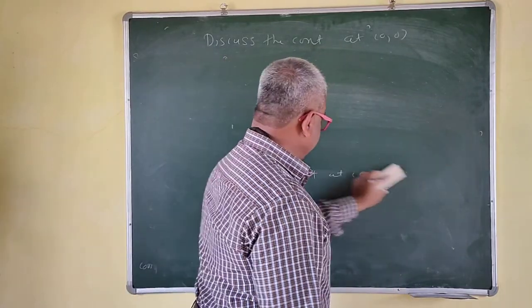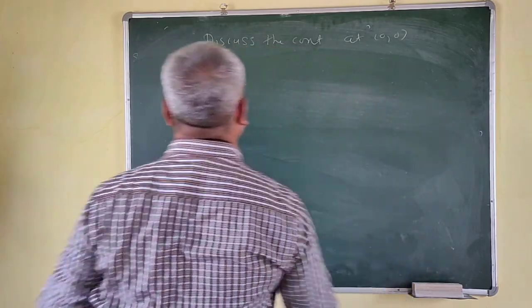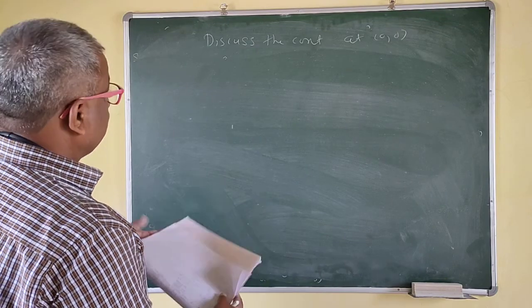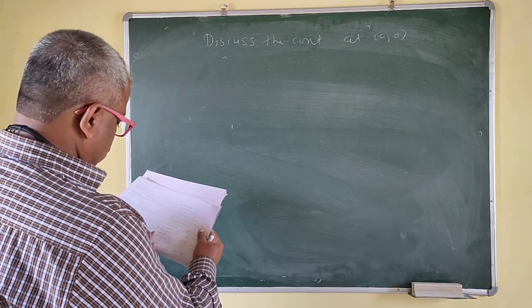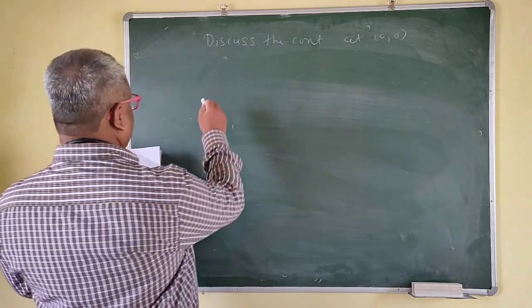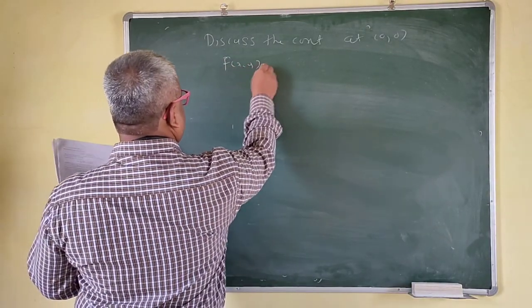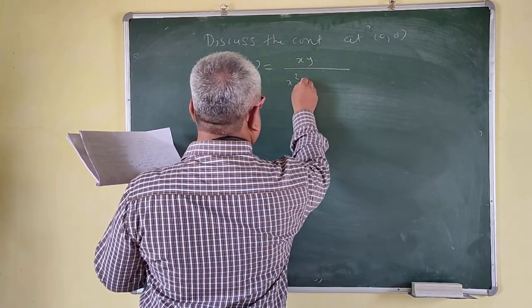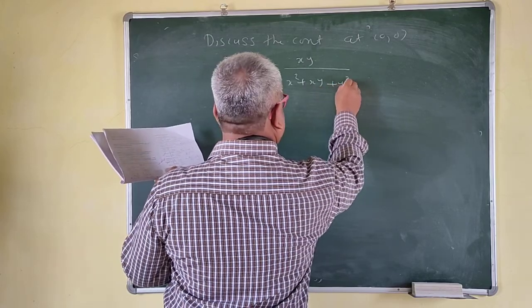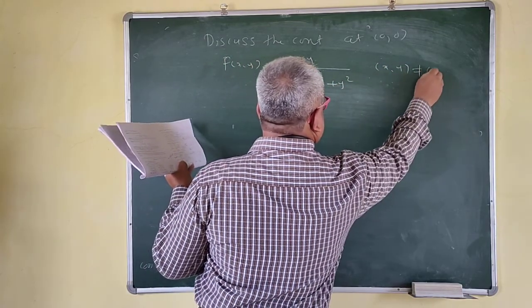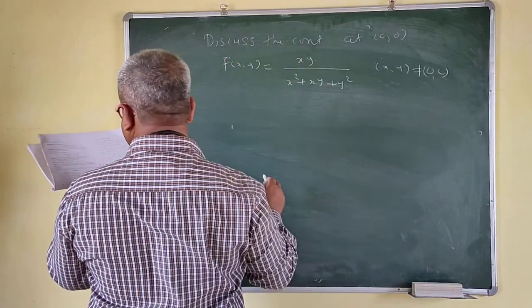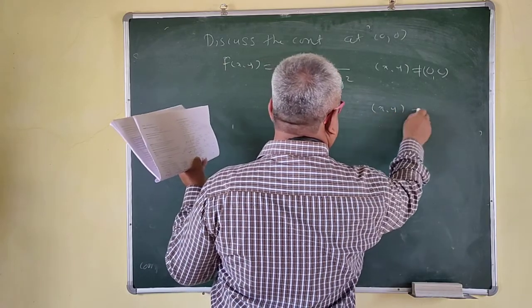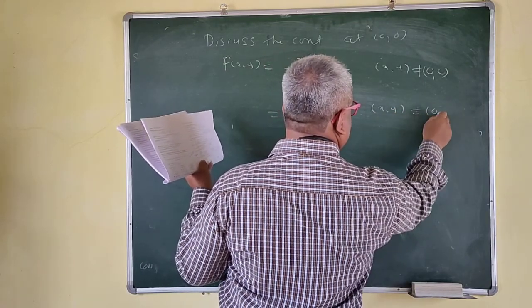Very simple problem. Now we take the next problem. Discuss the continuity at 0, 0 of f of xy is equal to xy upon x square plus xy plus y square, xy not equal to 0, 0, and is equal to 0 at xy equal to 0, 0.